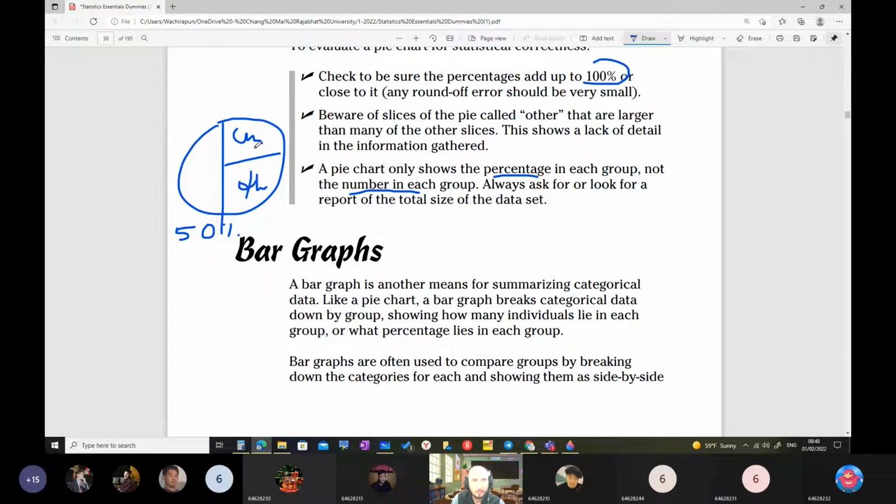Let's say 25% Chinese, 25% other countries. We don't know how many. We don't know how many is 25%. I don't know how many students. It's just percent.